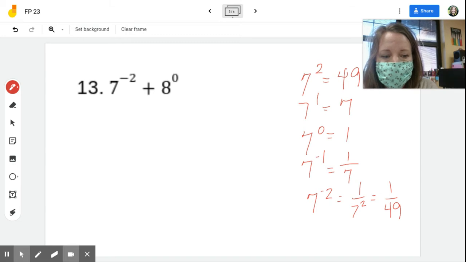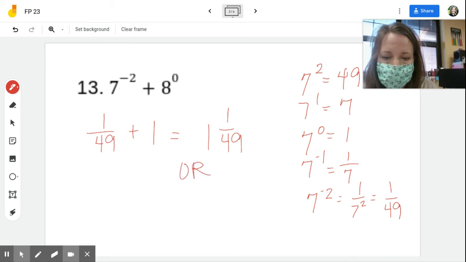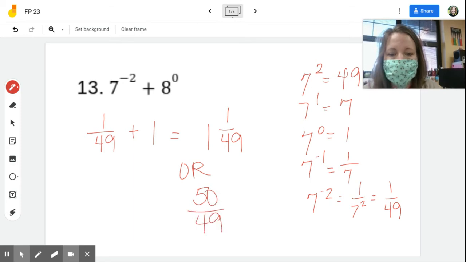So I'm going to take 1 over 49 plus 8 to the 0 power. Anything to the 0 power is 1. So the answer is 1 and 1/49. Or 49 times 1 is 49 plus 1 is 50 over 49. Either of those, okay?